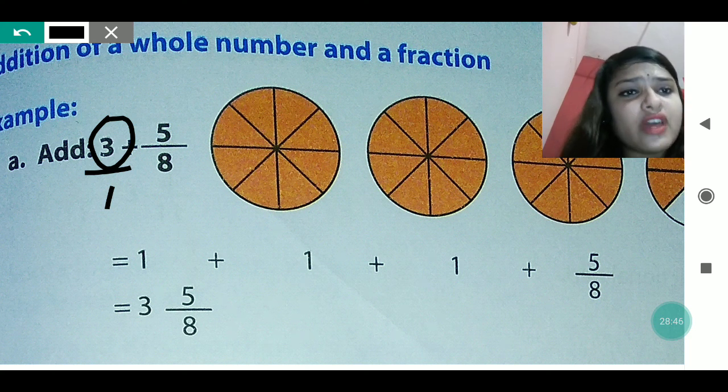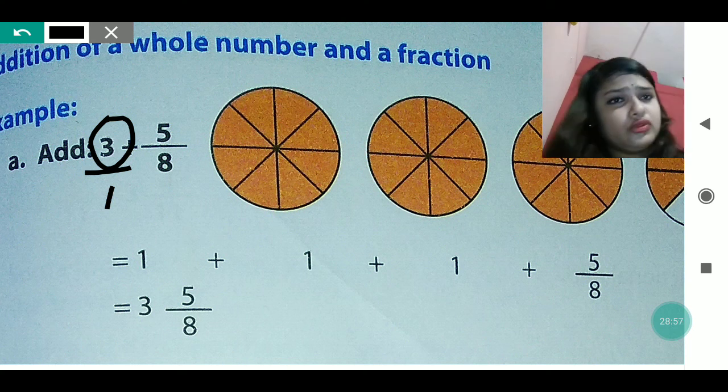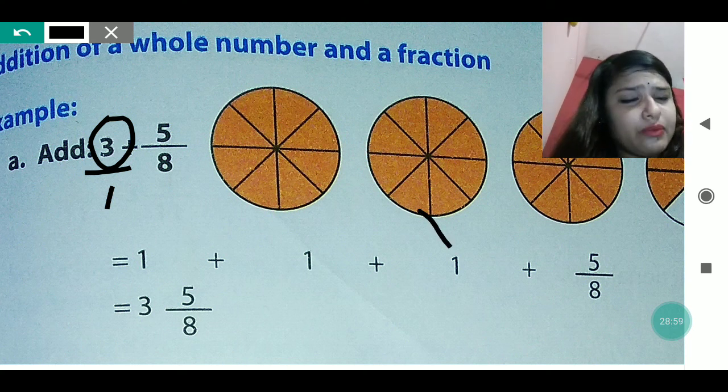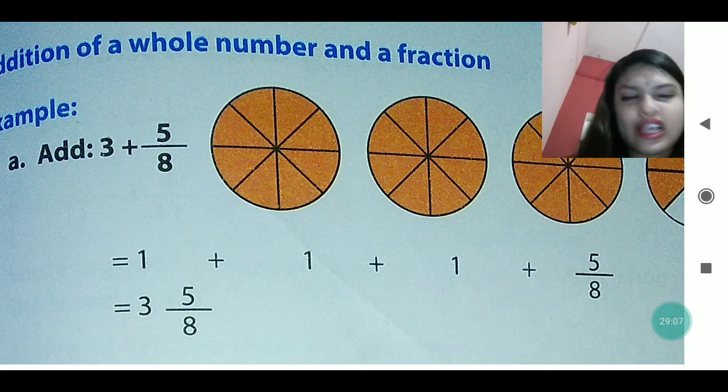So 3 by 1 plus 5 upon 8. Like this we add it up. So maybe the question you will get in this way, my dear, where you have to add a whole number and a fractional number. You will add in the same way.